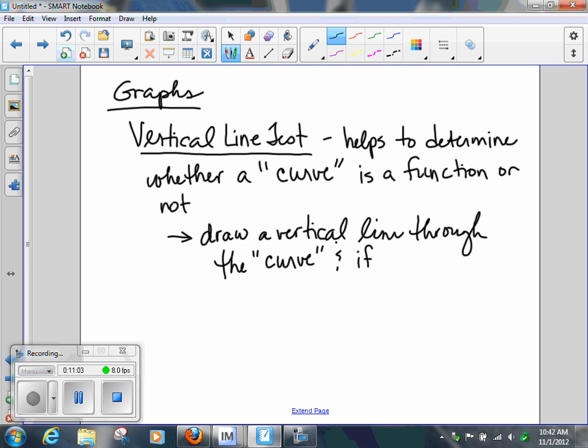And if that vertical line only passes through the curve at one spot, with each vertical line you draw, then it will be a function.